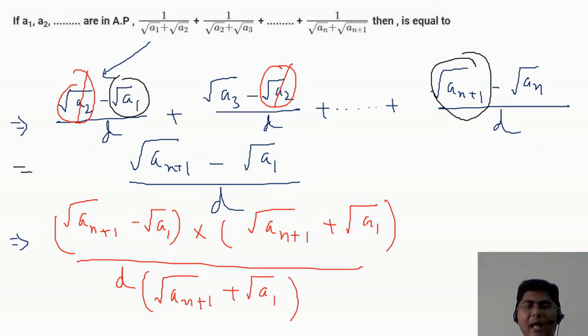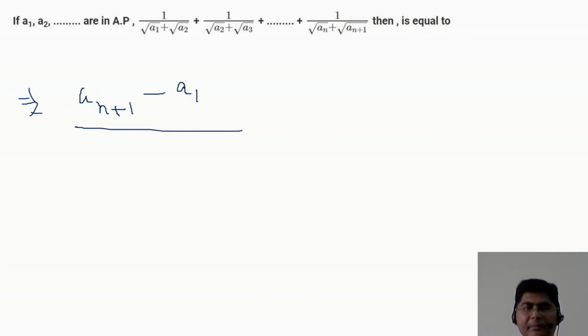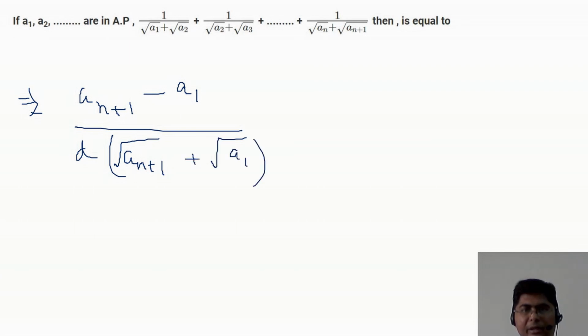Okay, what have we got? A minus b, and this is a plus b. So after calculations, what we have got here is a n plus 1 minus a1 divided by d, root over a n plus 1 plus root over a1.